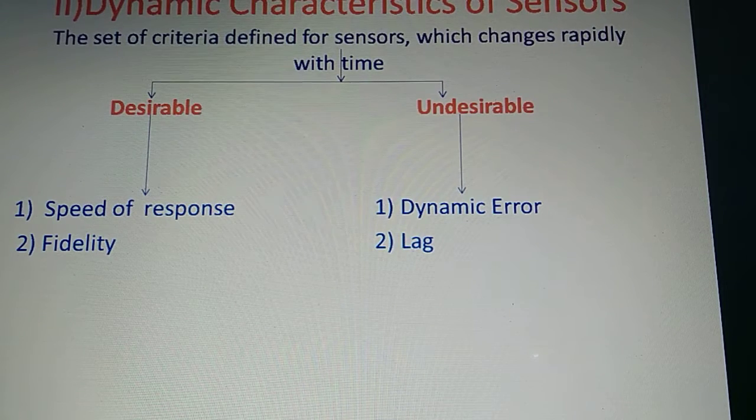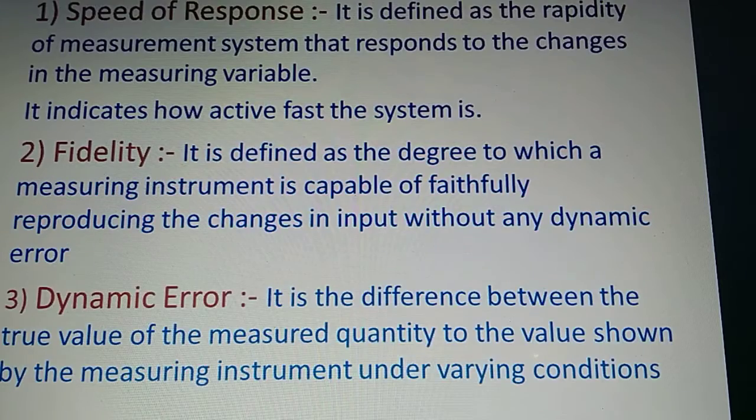One is the speed of response, and the second one is called fidelity. Whereas the undesirable criteria are again of two types. The first one is called dynamic error, and the second is called lag. So let's try to understand all these four different terms.